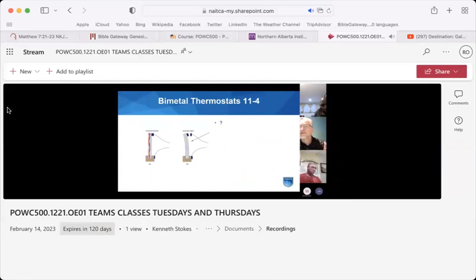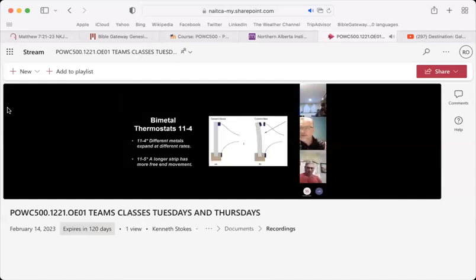Bimetal, so two types of metal, different metals bonded together, sitting at a cooler temperature will have a close contact. Should this metal bar be heated, it will expand at different rates, the two types of metal. And when it opens the contacts, that's the set point of the thermostat, and that will turn off the heat supply.